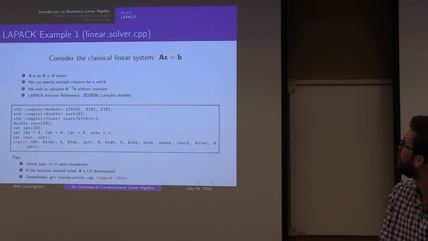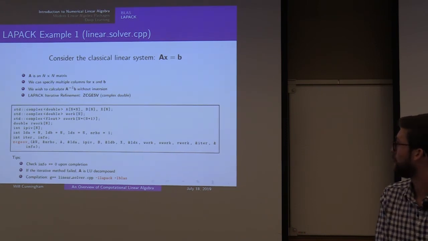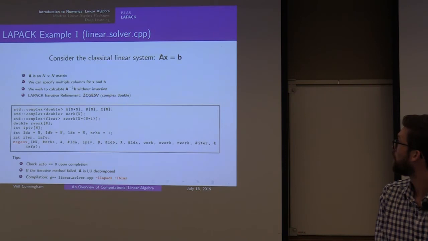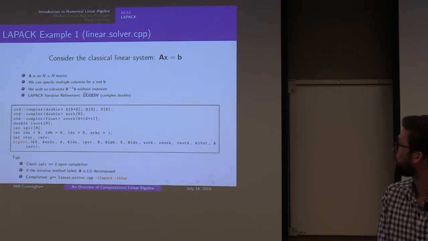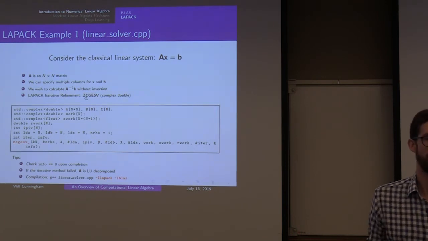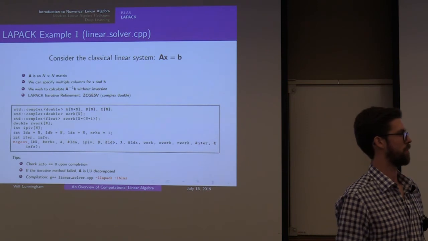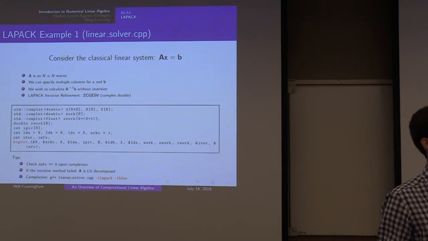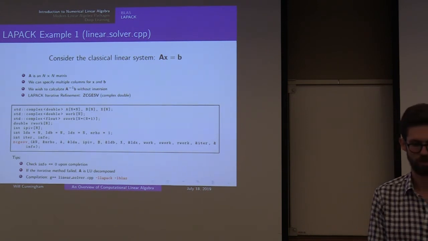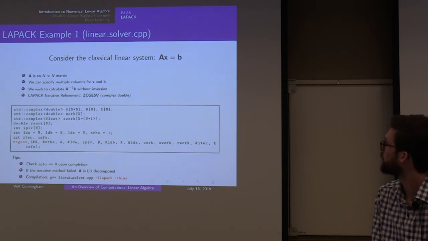So to solve the classical linear system, AX equals B, so in this case, RI equals V, you would use this method here. I've used complex double, not because it's needed here, but because it's a more complicated version. It's slightly less intuitive, but here's the example anyways.